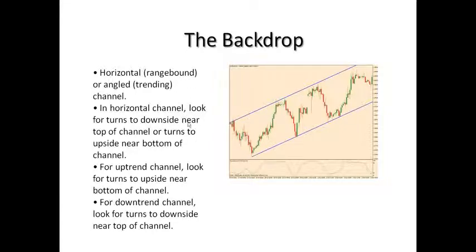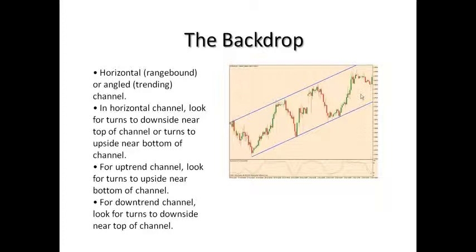Now, in a horizontal channel, as I mentioned, imagine this was a horizontal channel. You look for turns to the downside from resistance, near the top of the channel, okay? And you also look for turns to the upside near the bottom of the channel, near support, okay?